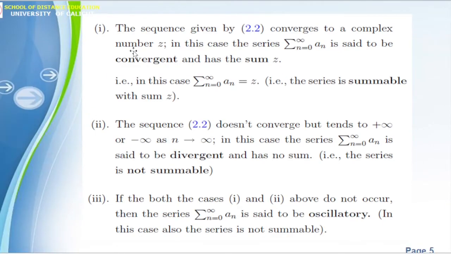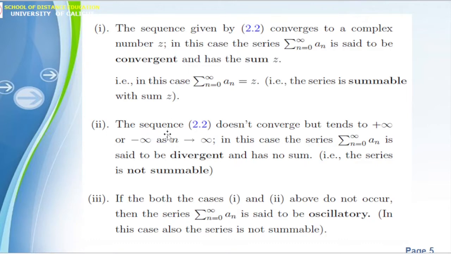a series sigma an is said to be a convergent series if the given sequence of partial sums converges to a number z. Then we can say that the series is convergent.